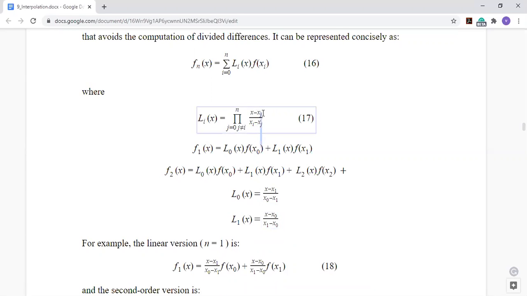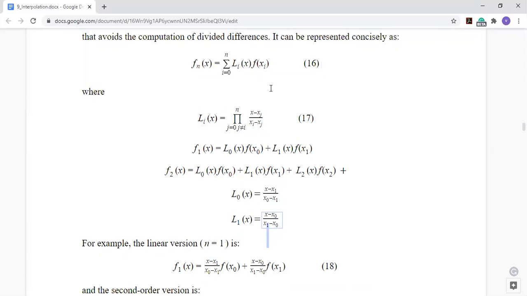For xj, remember that j starts from 0 to n, but your n is 1, and j should not be equal to i. So in place of j here, for L1, you are going to put 0, then for xi, you're going to put 1. So that's the general structure.